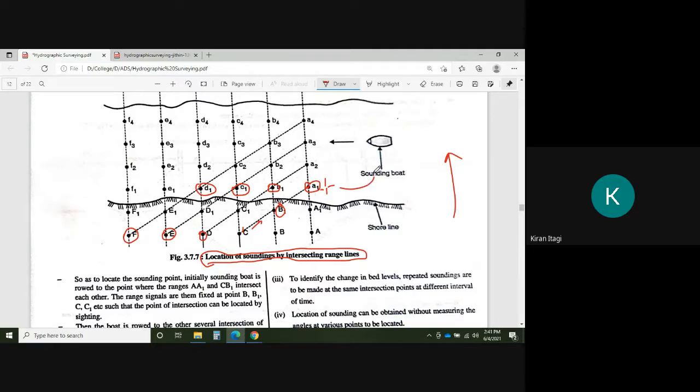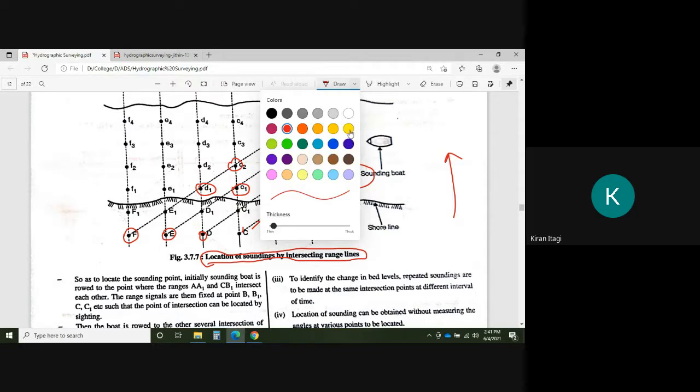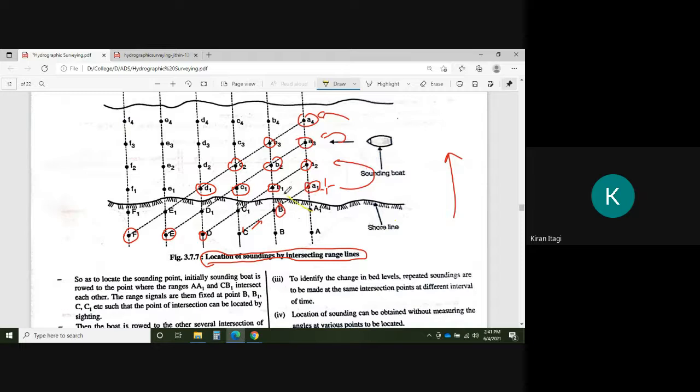Then the boat will make a U-turn and come starting at this point. Again, the next reading is taken from D. He will come here, the E person will take. He will come here, the F person will take. Again the boat will come here, and it starts again. If you want to cover the remaining area, you can take it like this here.